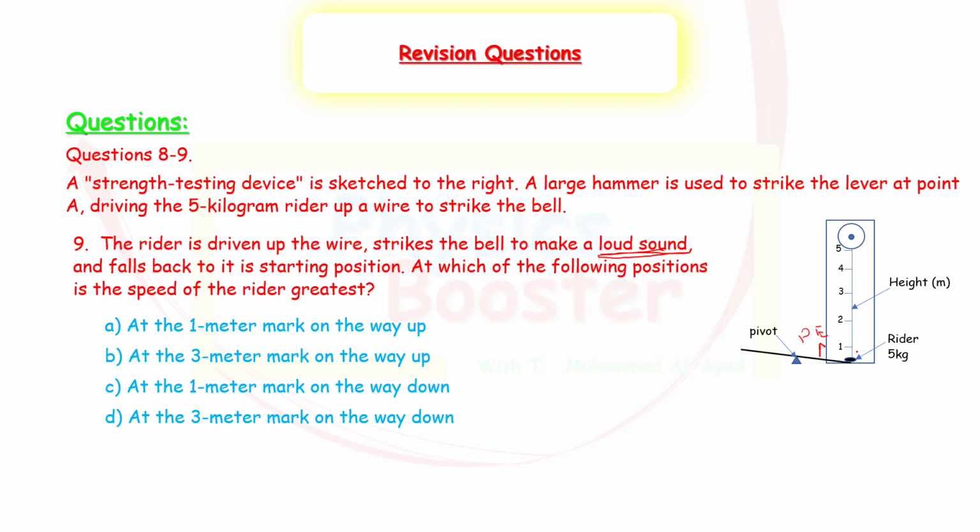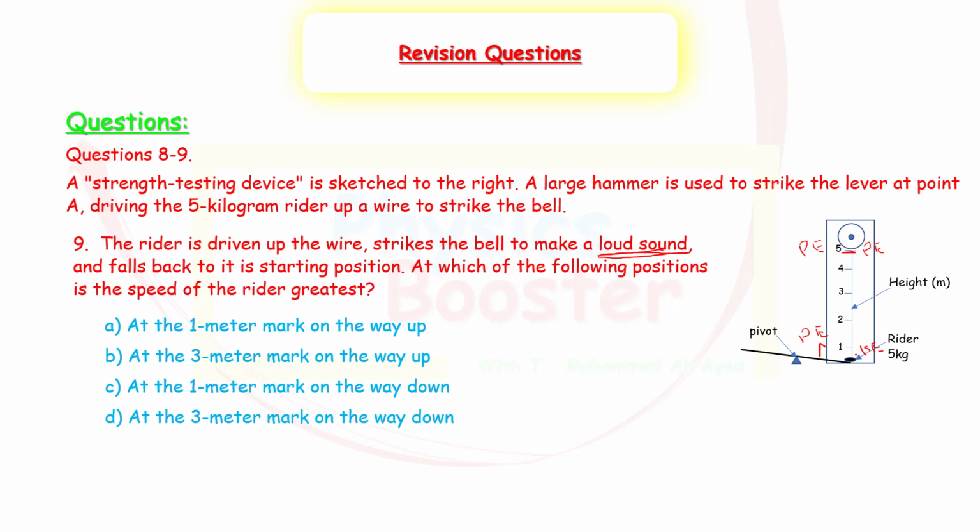So we have kinetic energy, and it's going upwards because it's moving. At a certain point, it will hit this bell, and at this moment, it would have lost all its kinetic energy and gained potential energy. So the kinetic energy is highest here and the potential energy is highest here. As it's going up, it's losing its kinetic energy, so we have less speed.